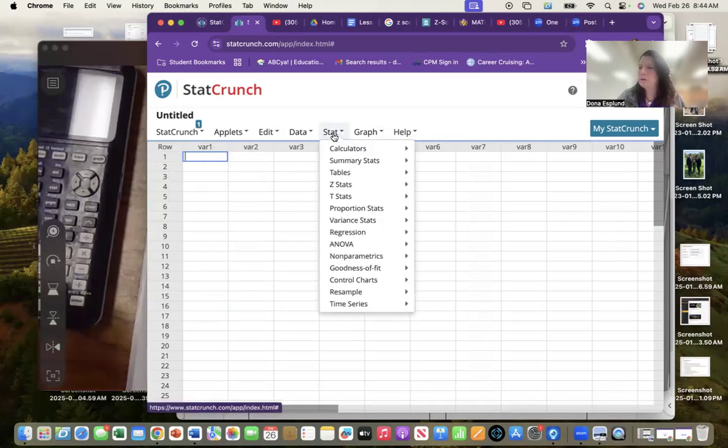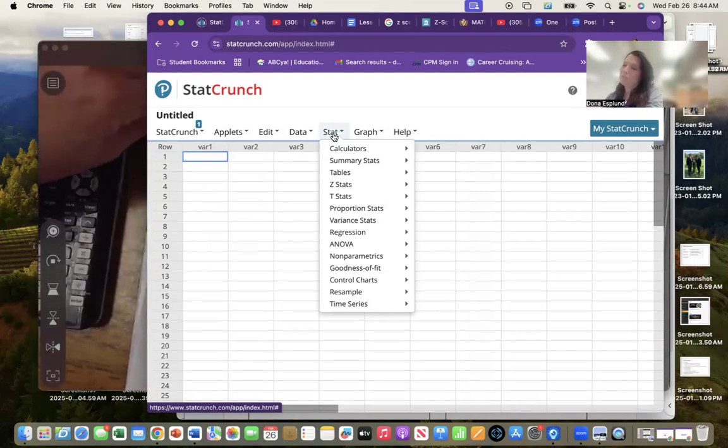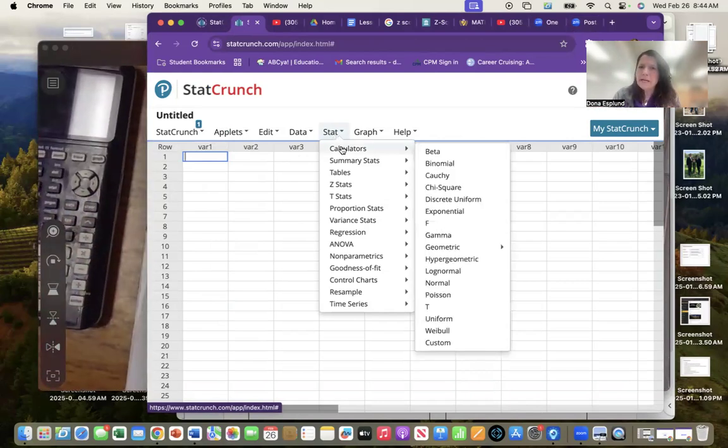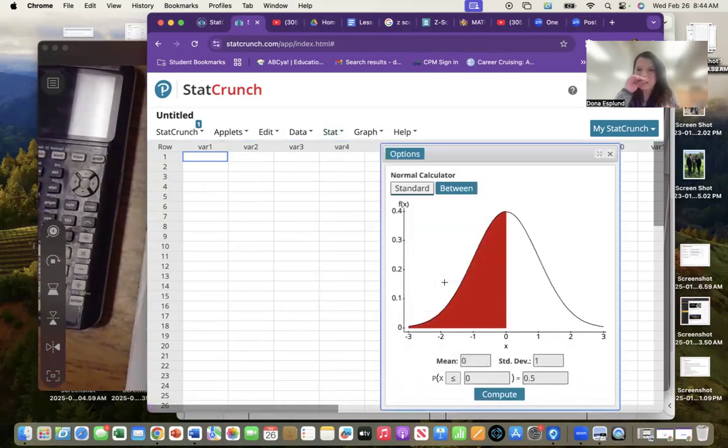The process is right here in your notes: stat, calculator, and then normal. So I'm going to click on stat, go to calculator, and go to normal, which is down here. It's going to open up my normal distribution calculator.